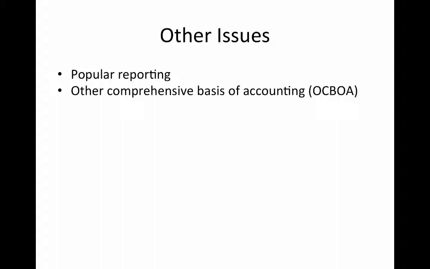I think the AICPA identifies 5 particular bases of accounting. Regulatory basis of accounting is another one. That's a basis of accounting that a government is required to follow by its state government or by a regulatory agency that is different from what GAAP requires.